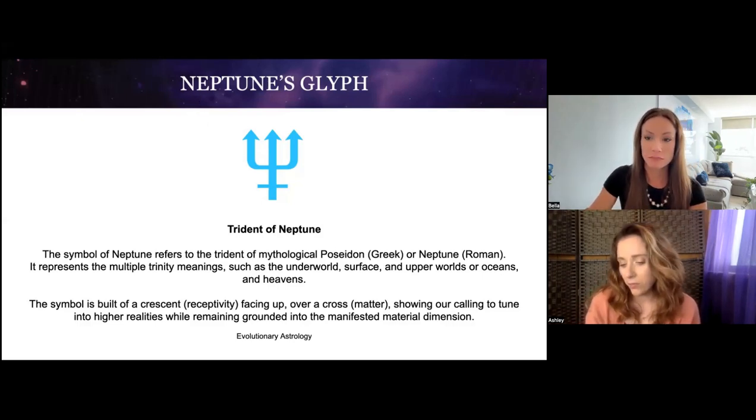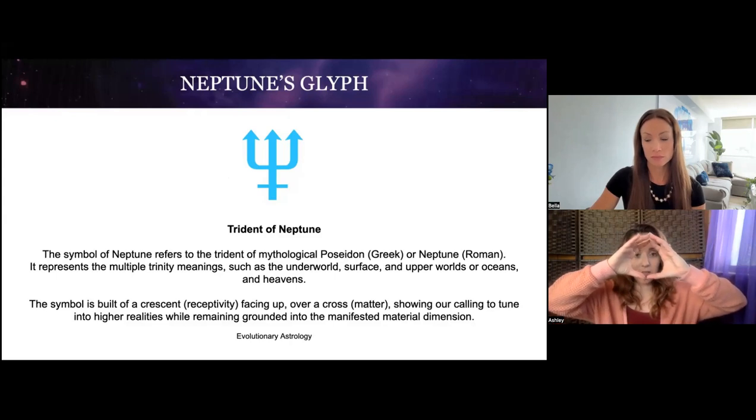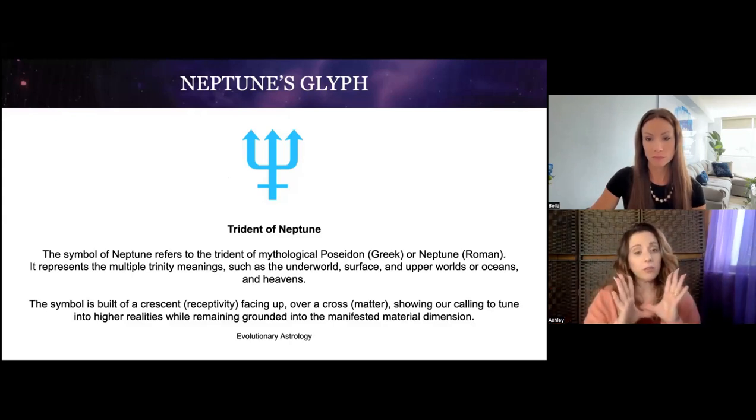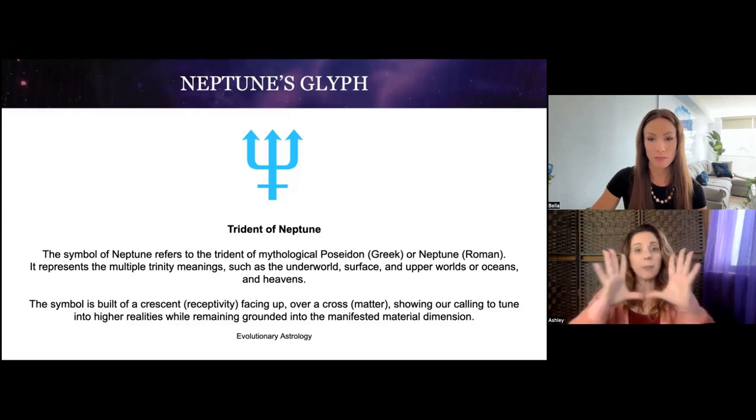Yeah, and there was a question about the cross of matter. It's just representing the form, the matter. Sometimes you'll see a circle, and that's going to represent spirit, but the crescent represents receptivity because it's also associated with the moon, which is very receptive. So when we're talking about matter, form, you, receptive, what are you receptive to?